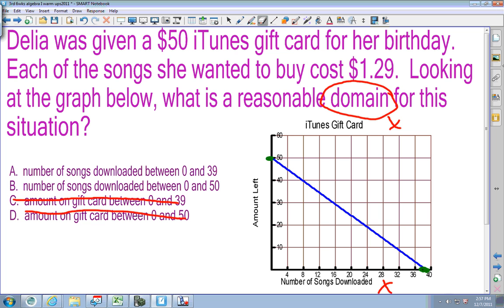When it talks about domain, it wants to know what the X is going by. So right here, the X numbers start at 0, and they come all the way out here to 39. Your answer should be A. See, 0 to 50, that would be the range. The amount left would be 0 to 50, because that would be on the y-axis.